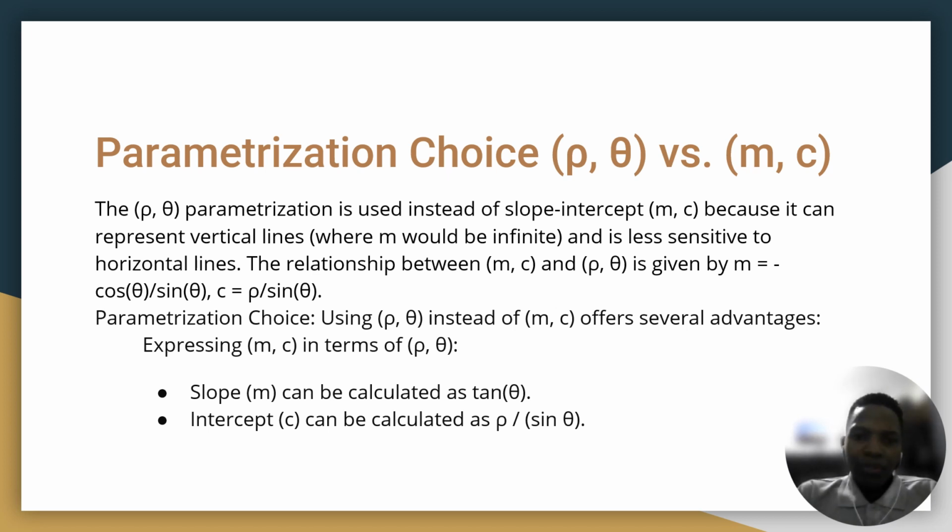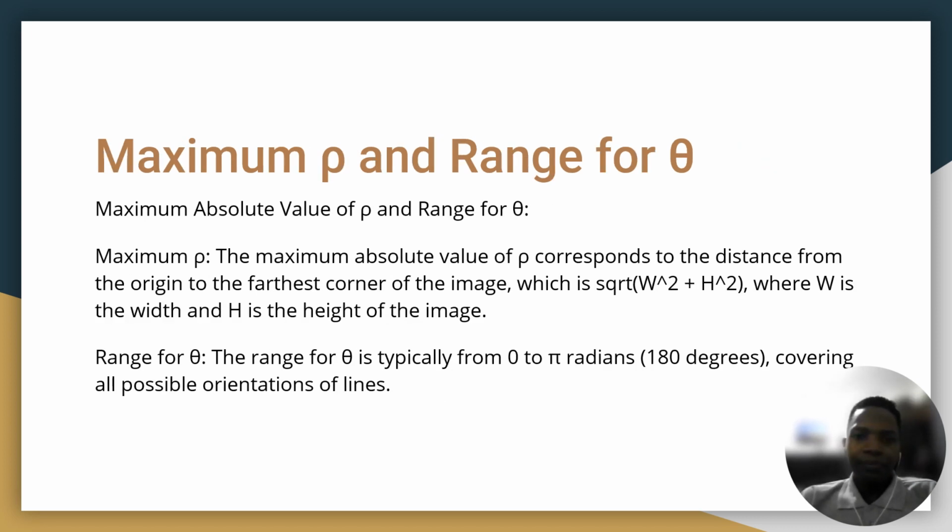Our parameterization choice using distance p and θ instead of m and c offers several advantages. Expressing m and c in terms of p and θ, the slope m can be calculated as the tan of θ, and the intercept c can be calculated as the distance p divided by the sine of θ.